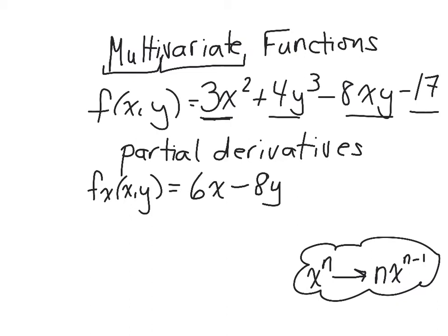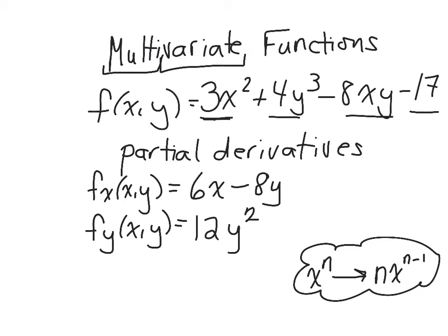The next step would be taking the partial derivative with respect to y, the other variable in this function. So again, we go through each of the terms, and we look at 3x squared, and we say, well, there's no y in it. So the x is considered a constant, derivative is 0. Plus 4y cubed, there is a y in it. We need to take the derivative of it. We follow the power rule, and we know that the derivative is going to be 12y squared.